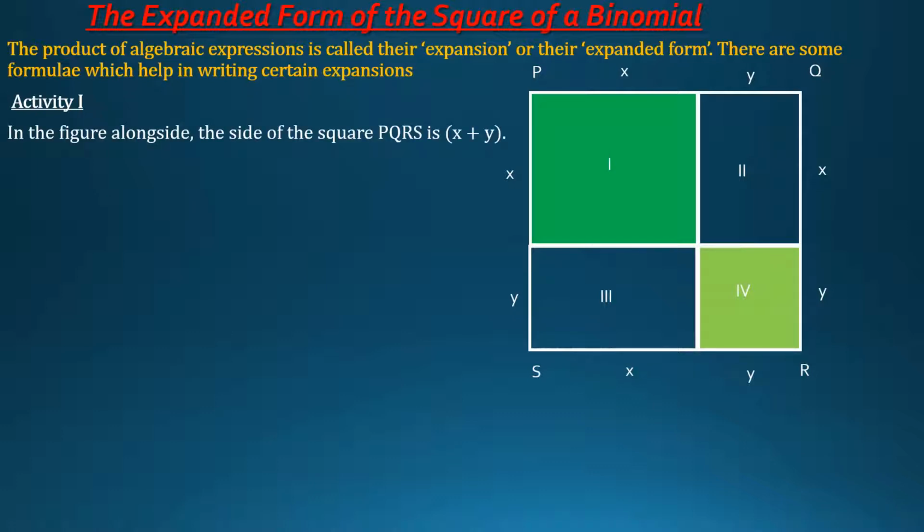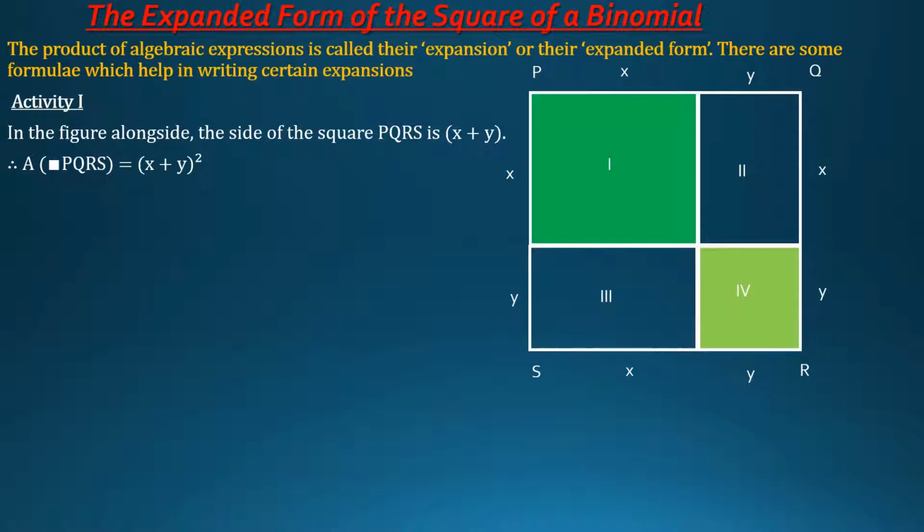In the figure alongside, the side of the square PQRS is x plus y. Area of quadrilateral PQRS is equal to x plus y the whole square, since PQRS is a square, so area of square is side square, where side is x plus y.